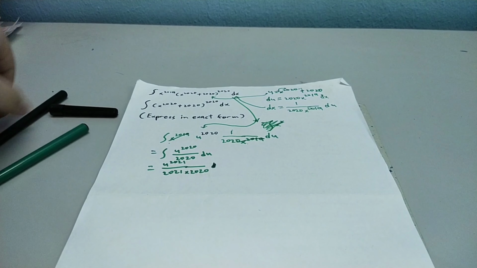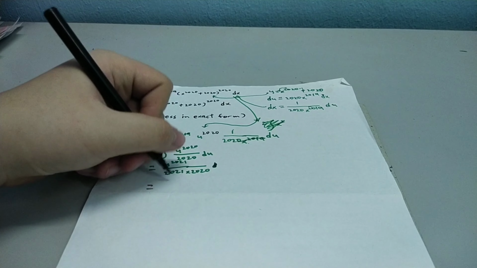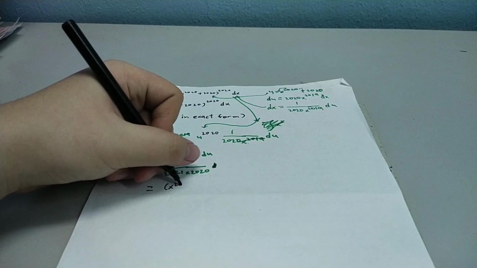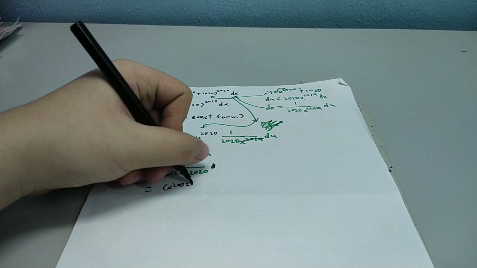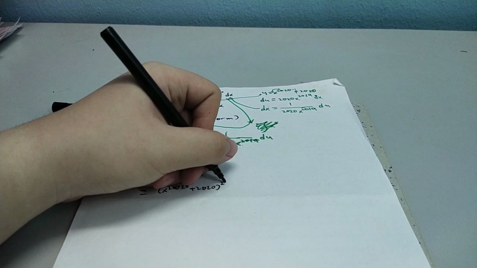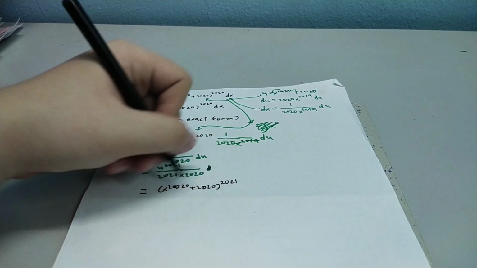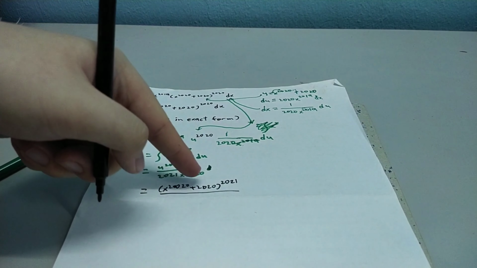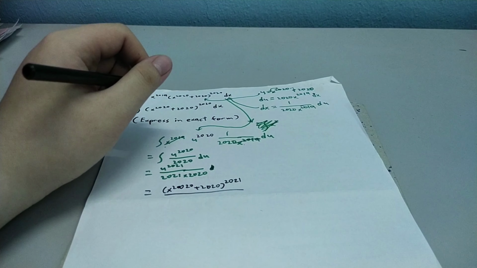x to the 2020th power plus 2020, so this is equal to x to the 2020th power plus 2020, to the power of 2021, over 2021 times 2020.